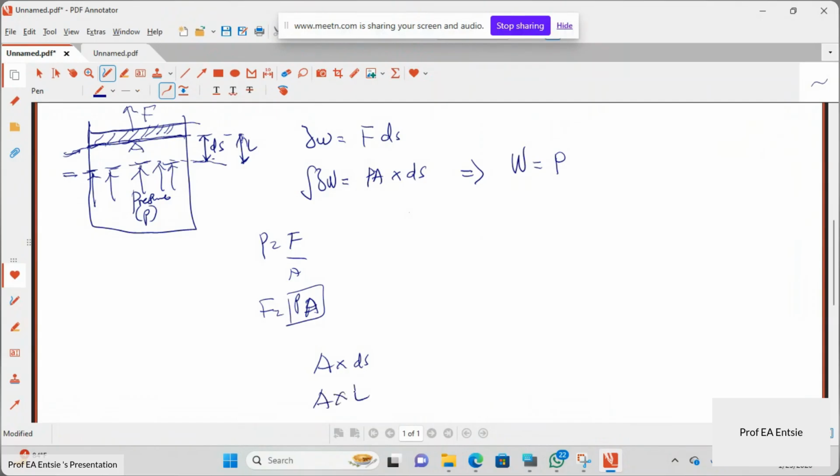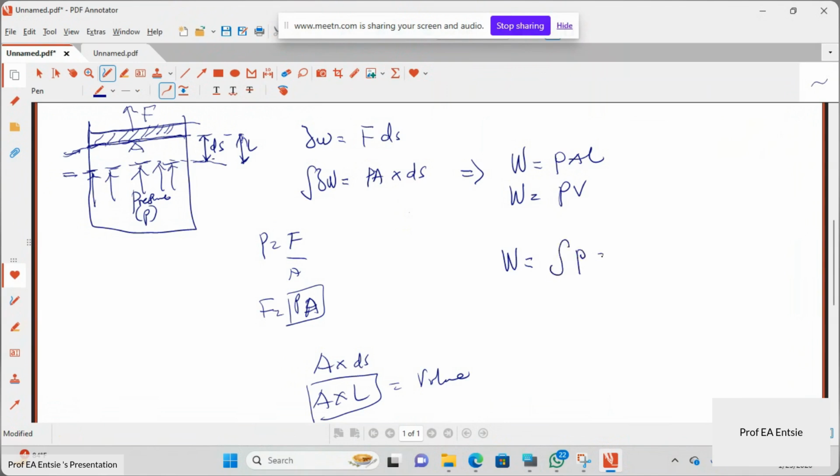Then for mathematics, area times length is what? Volume. So instead of A times S, it is A times L, and this will boil down to PV. So someone can also say that this means work done is equal to the integral of P dV.